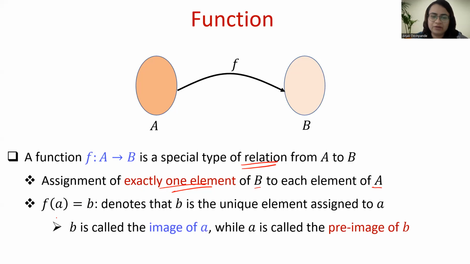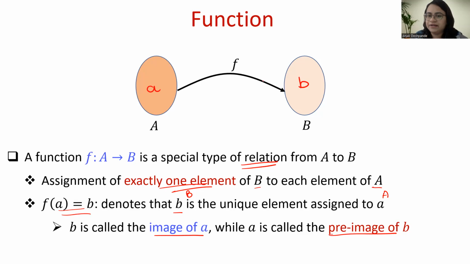Here f of a equal to b denotes that b is the unique element from the set B assigned to a from set A. So here b is called the image of a, while a is called the pre-image of b. Here a will have small a, b will have small b.